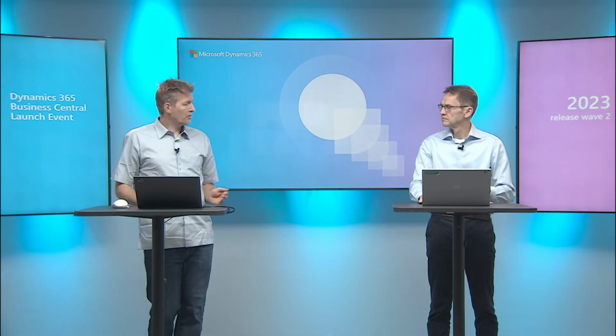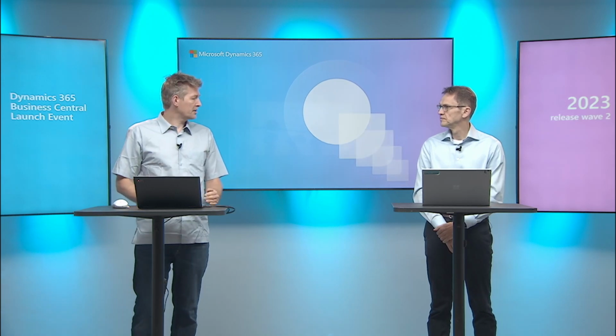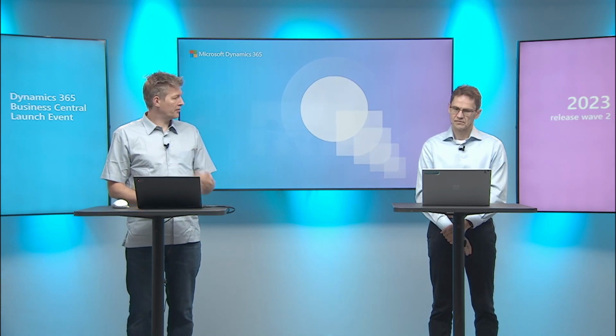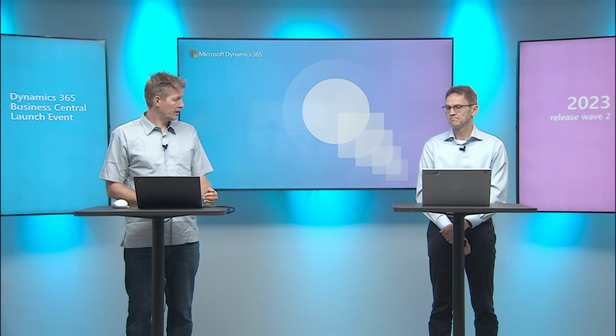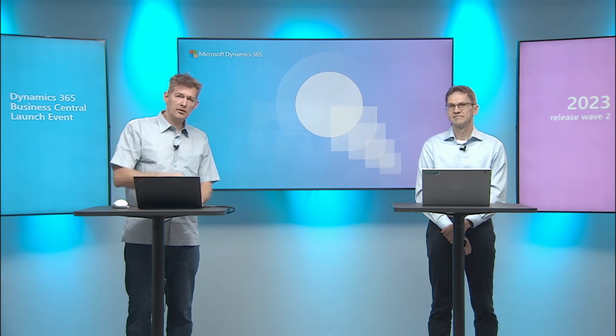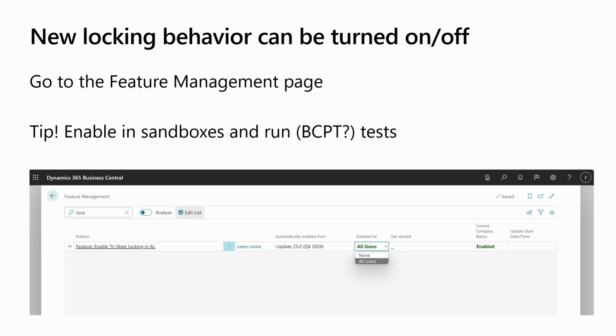And this is part of it, so concurrency testing is one of the most difficult ways to test code, right? That's why I put in, Jens didn't know that, but you can see this BCPT question mark in there, because there is actually a tool that can help you do concurrency tests and flesh out locking issues.